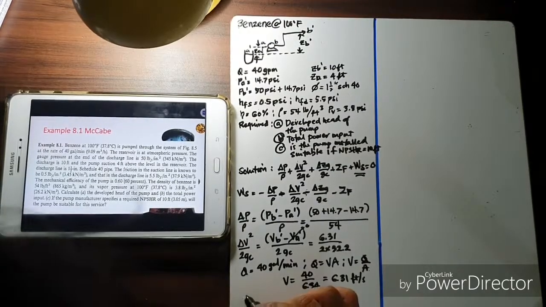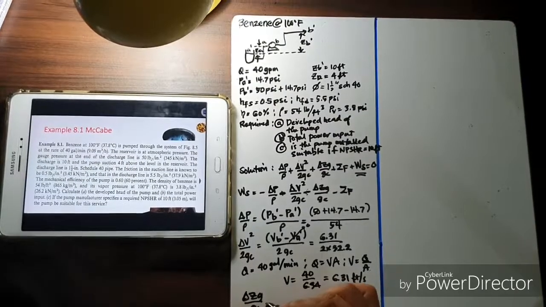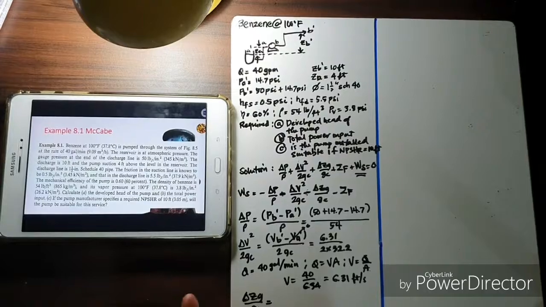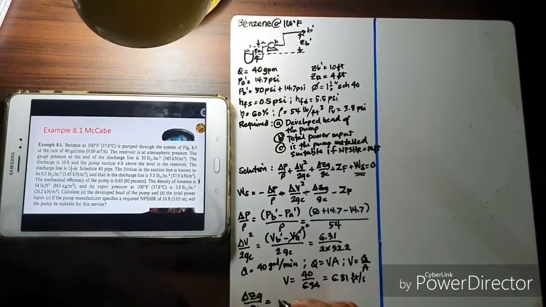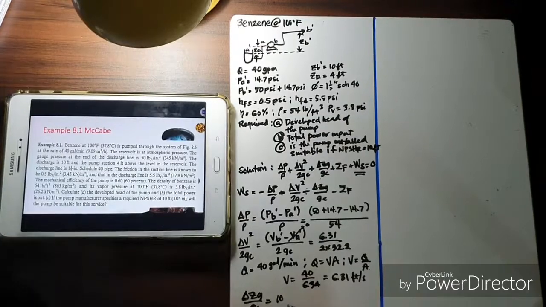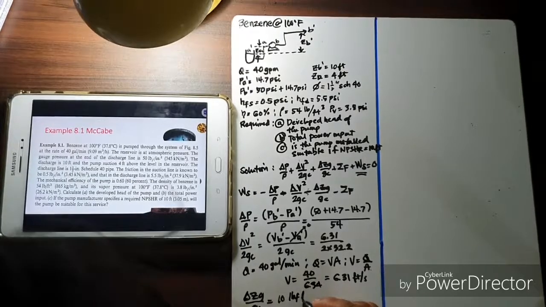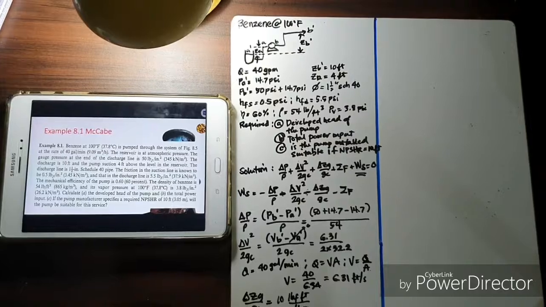How about for delta g z over gc? So the elevation, okay, since we're considering the entire system already, this is simply equivalent to 10 because g over gc is equivalent to 1. So this is 10 pound force feet per pound mass already. So we already have that.